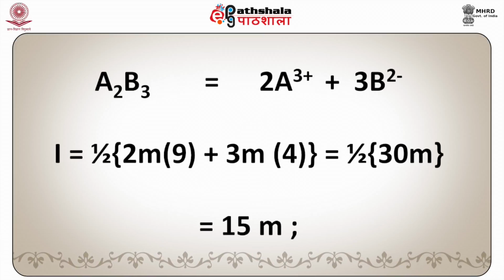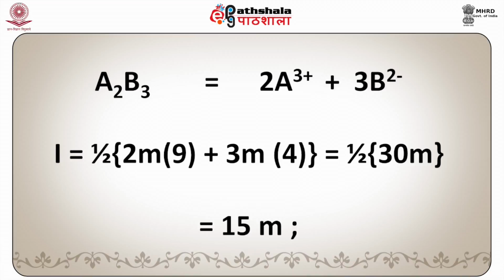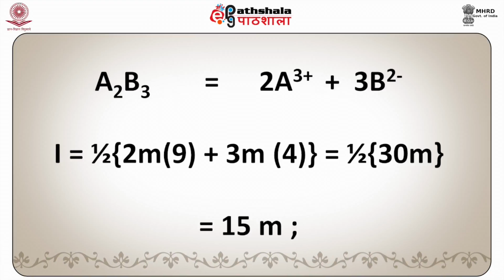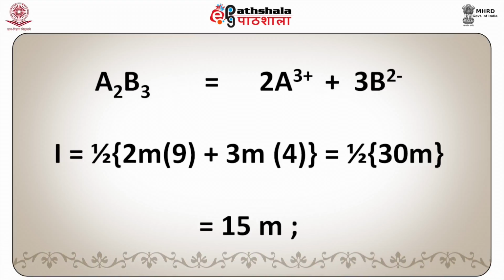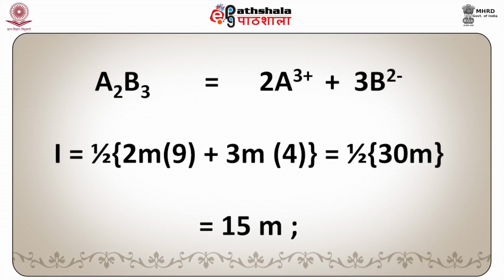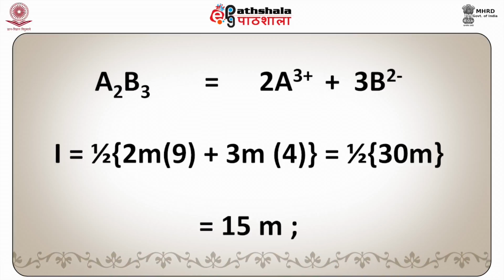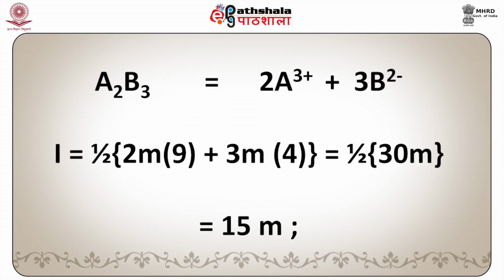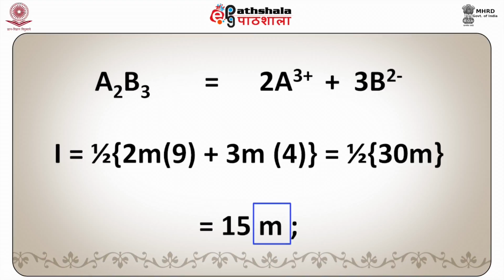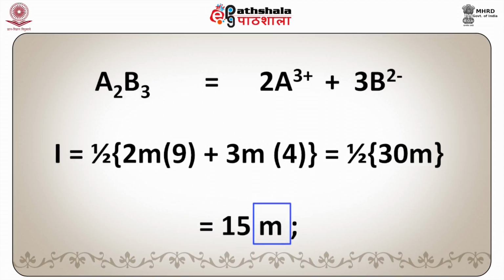While for a trivalent-bivalent electrolyte of the type A2B3, which dissociates into twice A3 plus plus thrice B2 minus, the ionic strength I will be given as I equals half 2m times 3 square plus 3m times 2 square equals half 30m, which is equal to 15 times m, where m is the molality of A2B3 in the solution.